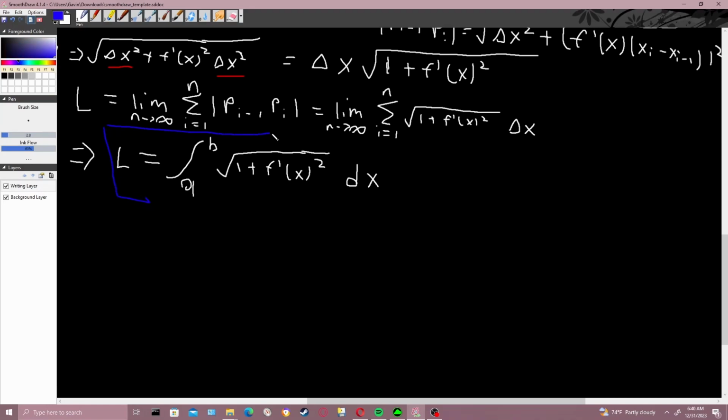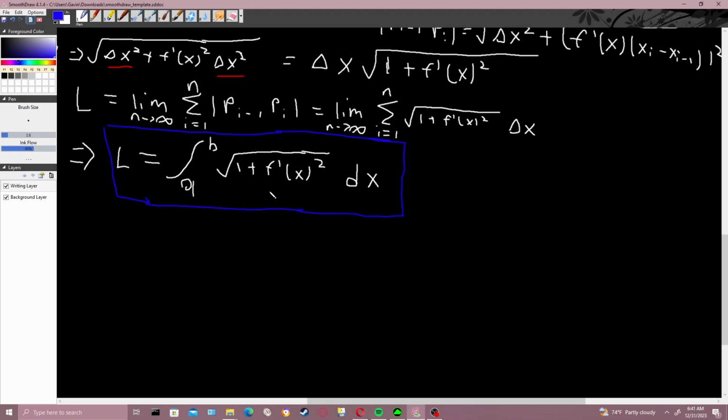Guys, we just solved for the arc length of any function that exists in the history of the world. You can measure the length of any line, any parabola, anything, just by knowing this formula. Absolutely amazing.